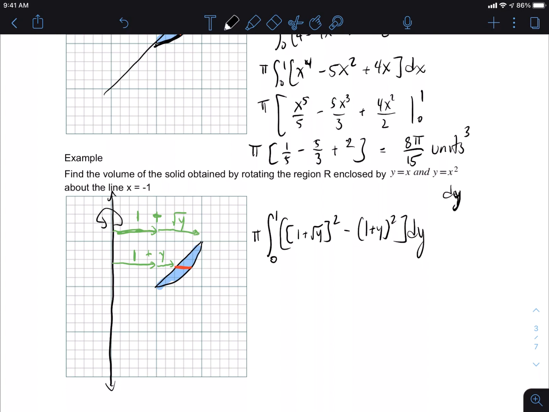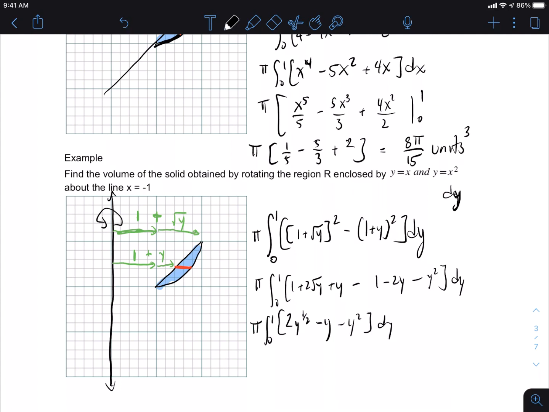Okay. So now I have to expand this. So I'm going to get pi integral from 0 to 1 of 1 plus 2 root y plus y minus 1 minus 2y minus y squared dy. So we can see this ends up being 2y to the 1/2 minus y squared dy evaluated from 0 to 1.